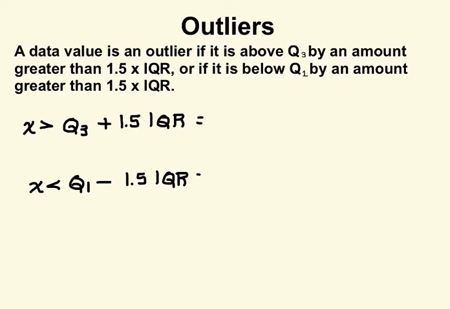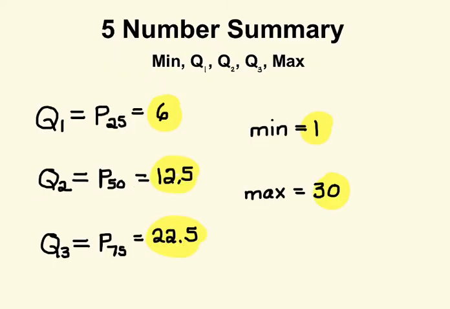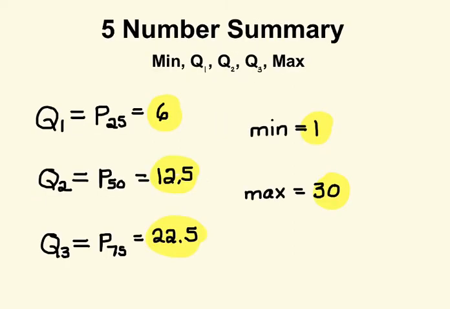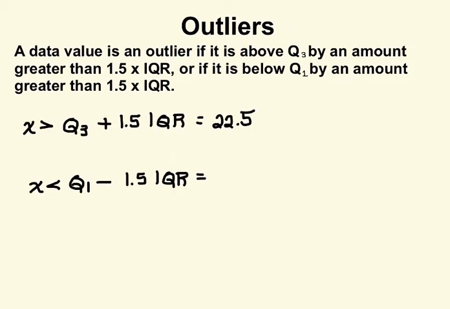Our Q3 value, if I go back to the previous page, is 22.5. And then we have our Q1, and if we go back, we can see that our Q1 is 6.